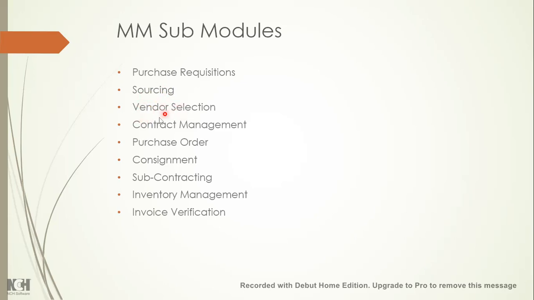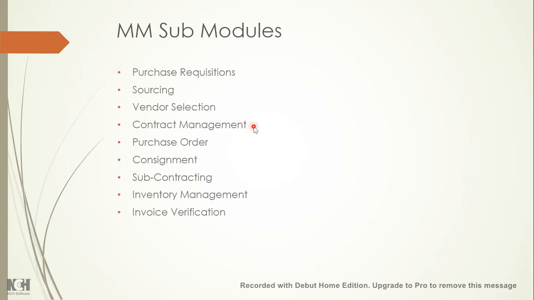Based on your vendor selection, you may also have contract management. You may have an outline agreement created, so you learn how the outline agreement is done in SAP. Basically, in outline agreement or contract management, you learn how a contract can be defined within the SAP environment.